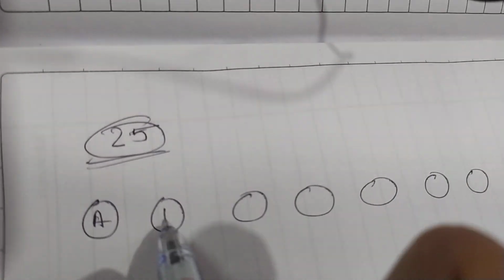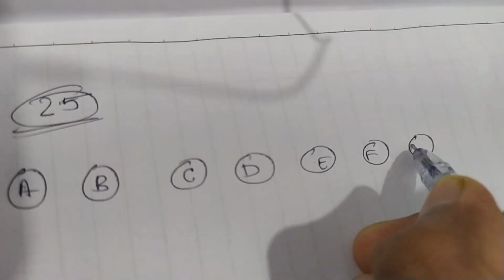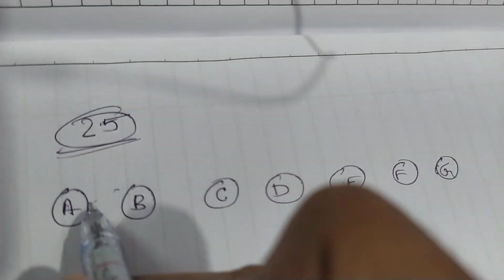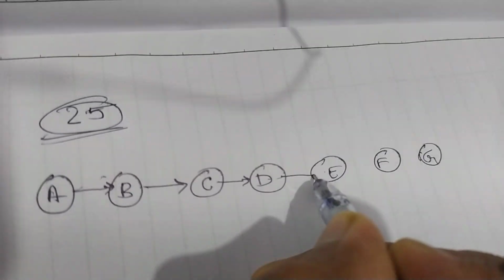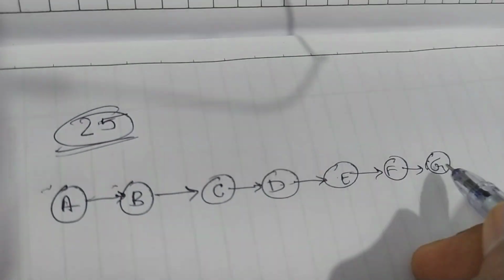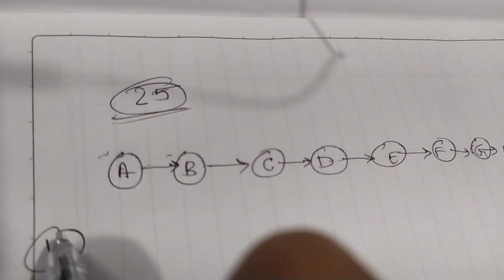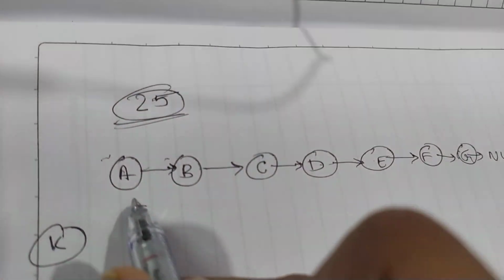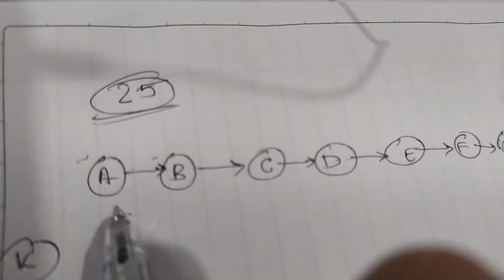Let's name the nodes to understand it through an example: A, B, C, D, E, F, G. Along with the head of the list, we will be given a value k. K is the size of a group for which we need to reverse the linked list.